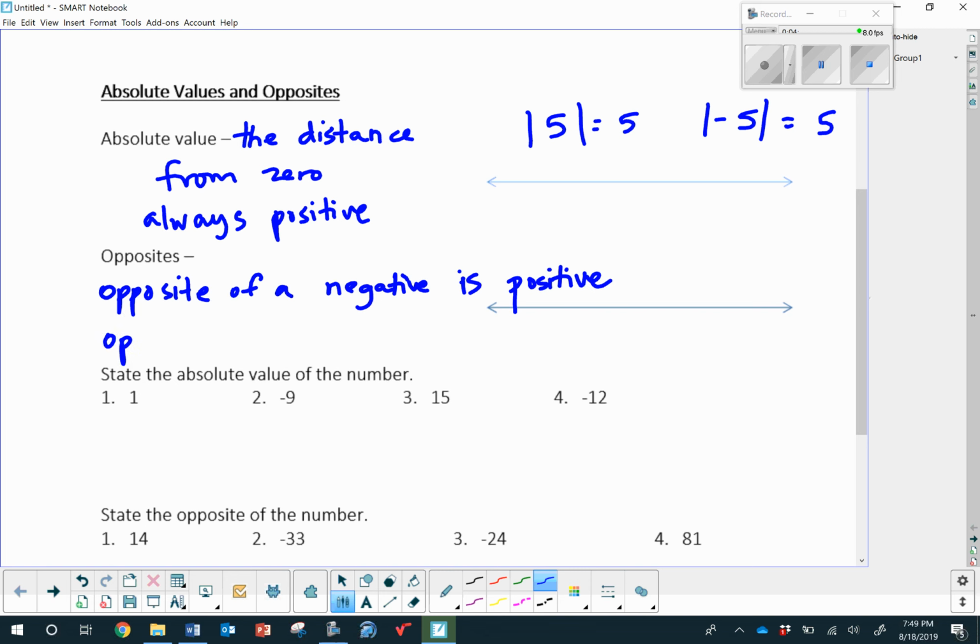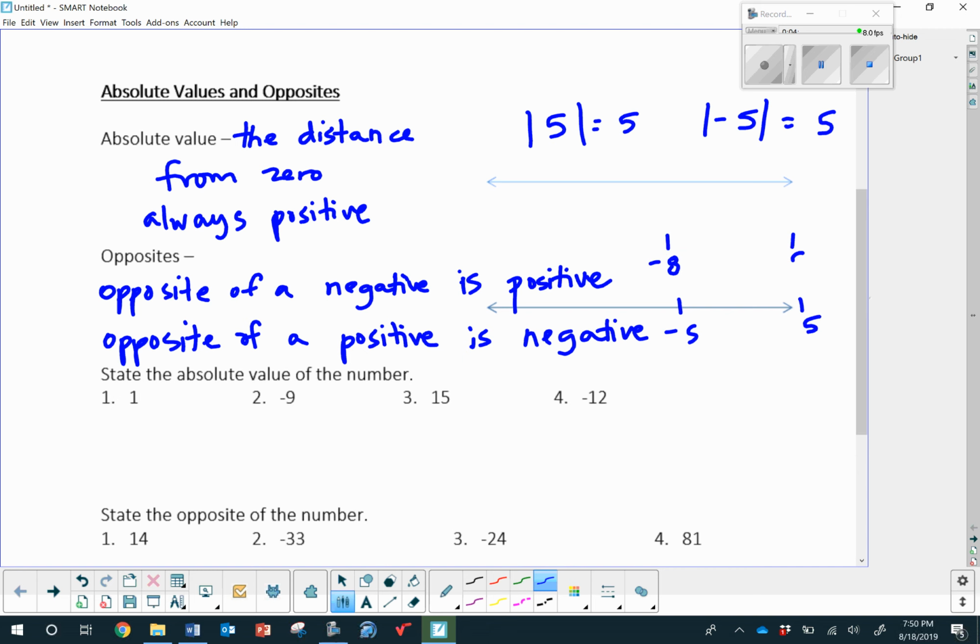And the opposite of a positive is negative. So if I look here at this number line, which I've sort of written over, but we can still use it, the opposite of negative 5 would be 5. The opposite of negative 8 would be 8, and so forth.